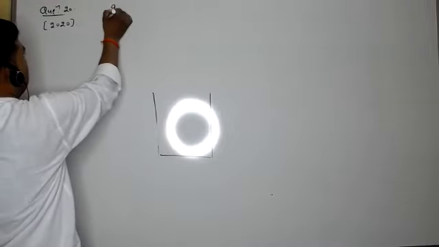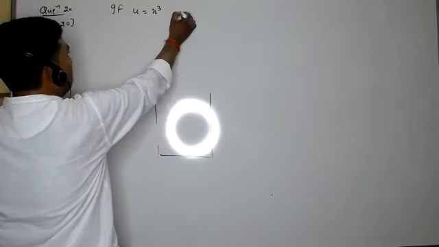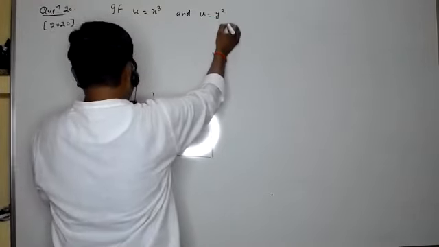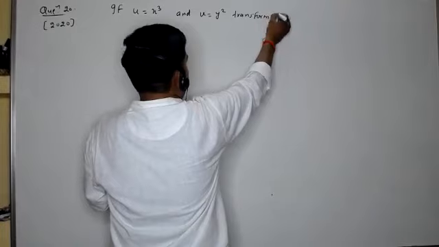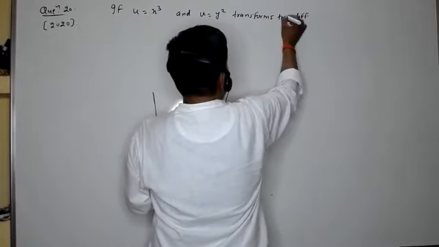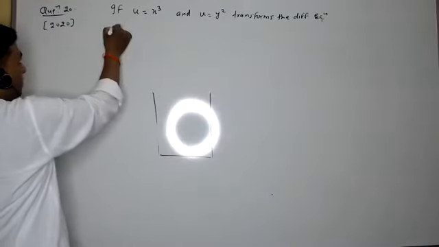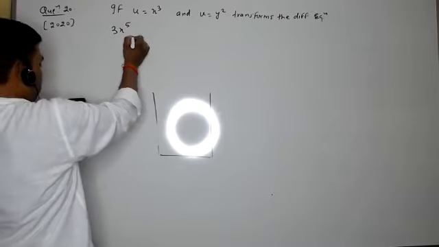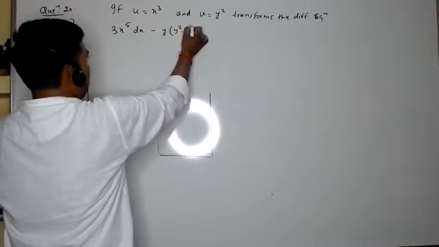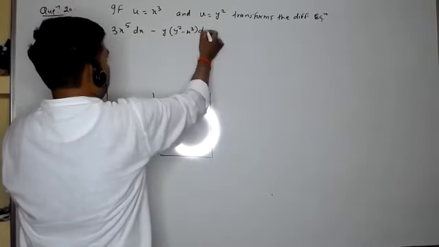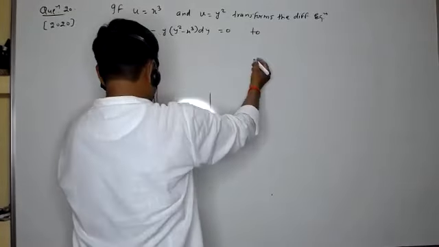The question is: if u equals x cube and v equals y square transforms the differential equation 3x raised to the power 5 into dx minus y into (y square minus x cube) into dy equals 0, किसमें ट्रांसफॉर्म कर रहा है?